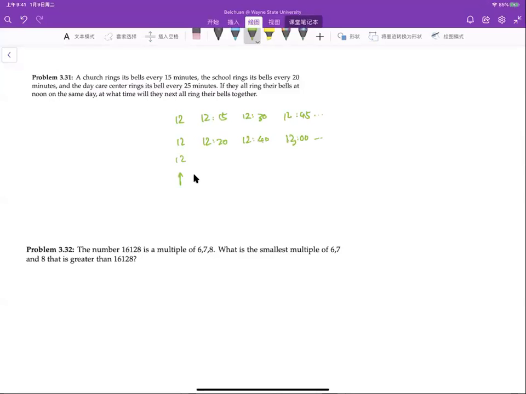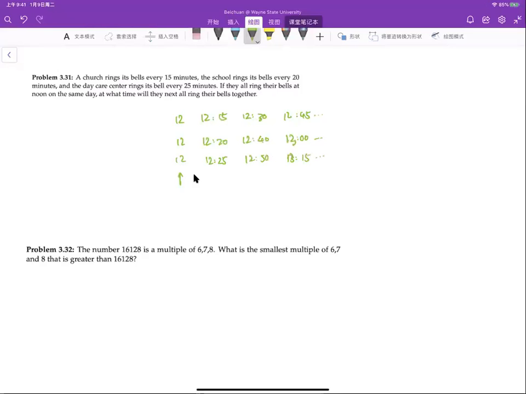The next time the daycare center will ring the bell will be 12:25, 12:50. The next time it will be 1:15 and so on.